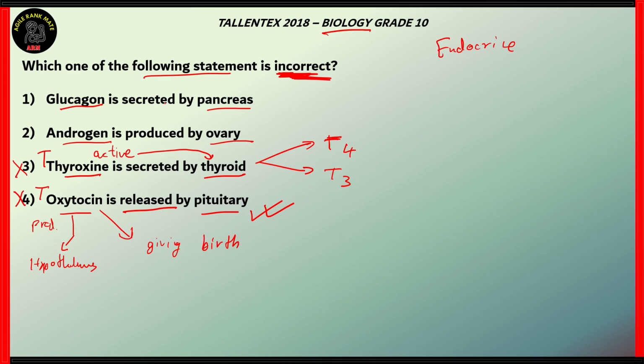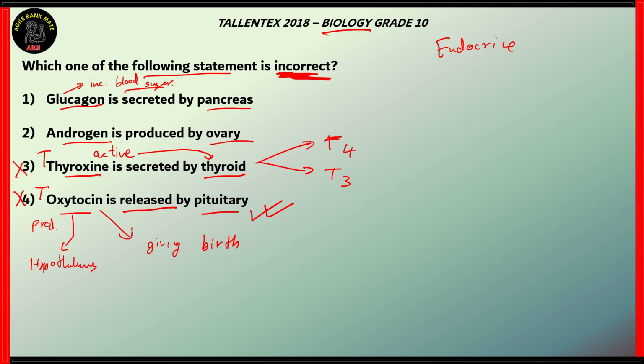Now, what about option 1? Glucagon is secreted by pancreas. Now, the role of glucagon is to increase blood sugar levels when there is a dearth. For example, if you have very little blood sugar because you haven't eaten anything, then glucagon is responsible for turning some of the fat into sugars and then releasing them to the blood.